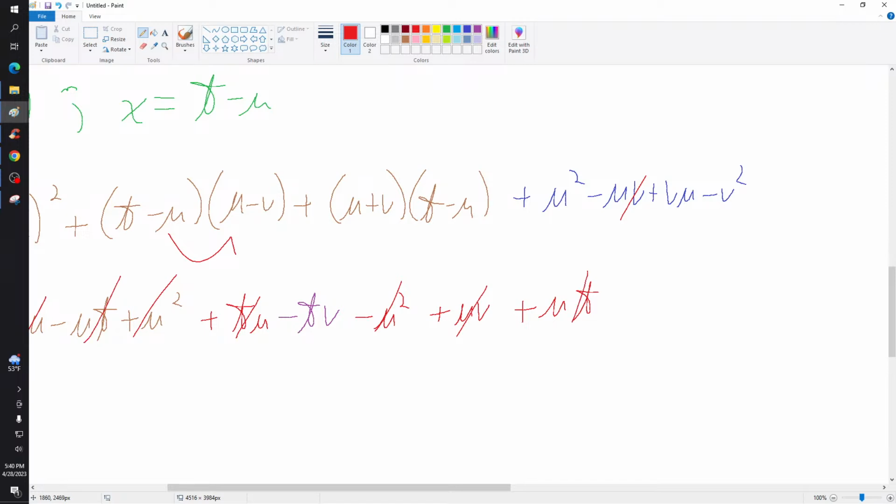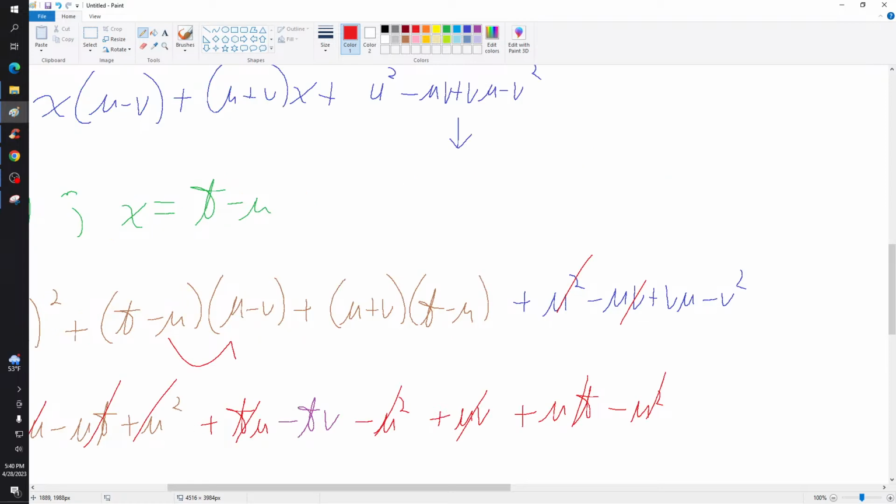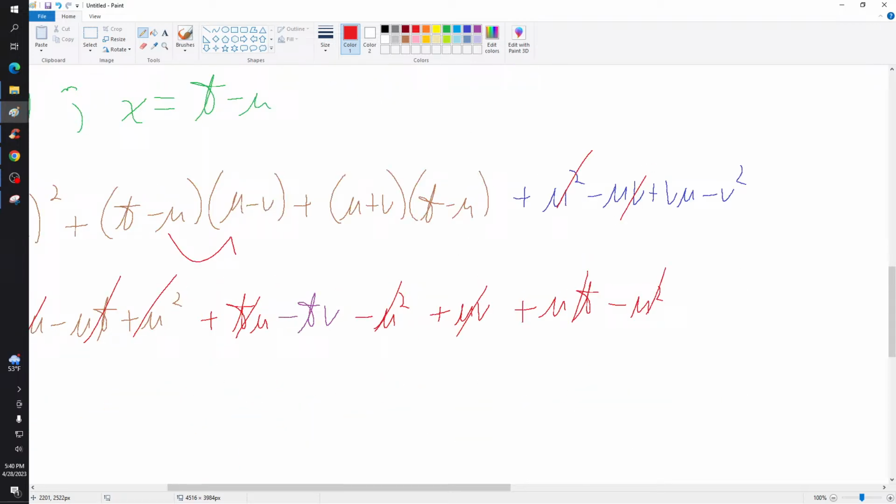And then we get minus U squared, which cancels with this U squared from this term that we brought down. And then we get plus VT. This will stay. And then we get minus VU, which will cancel with this term. And then we get minus V squared.